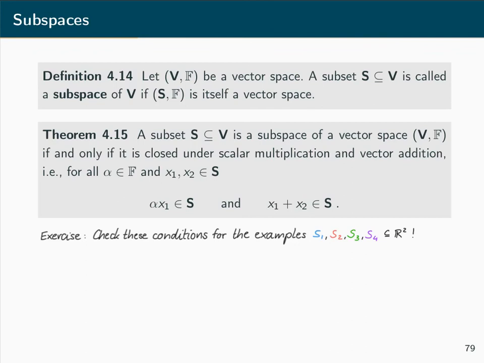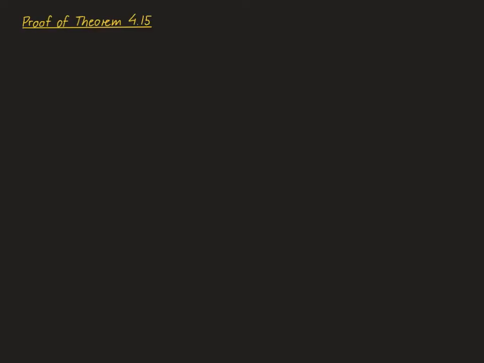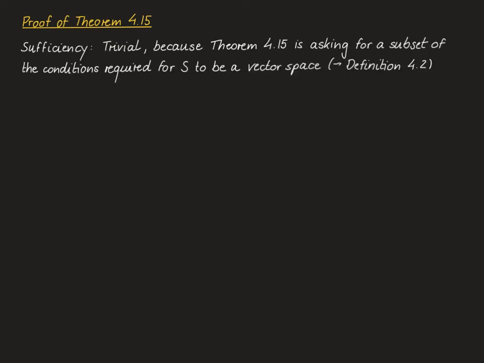At this point, you should at least mentally check the conditions of Theorem 4.15 for the example subsets S1 through S4 that we have just seen in the previous example. Now to the proof of Theorem 4.15, which is really fairly simple. Sufficiency is trivial because Theorem 4.15 is only asking for a subset of the conditions of S being a vector space.